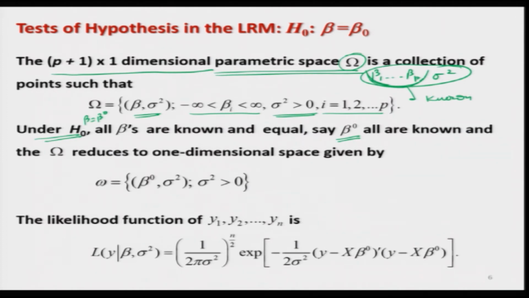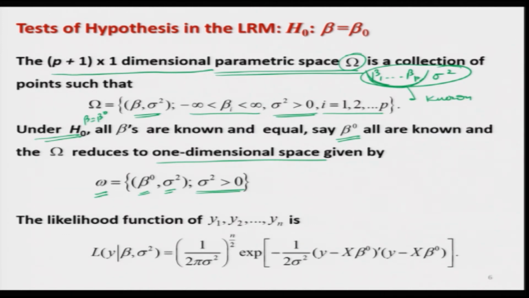So when H naught, beta equal to beta naught, is true, the space becomes a one dimensional space, indicated by small omega, a collection of the points of all known values of the beta i's, indicated by the beta naught vector, and sigma square greater than 0. That is my sample space.